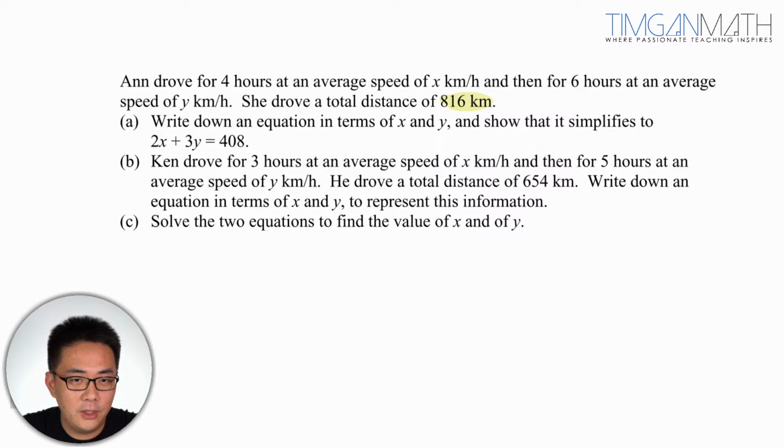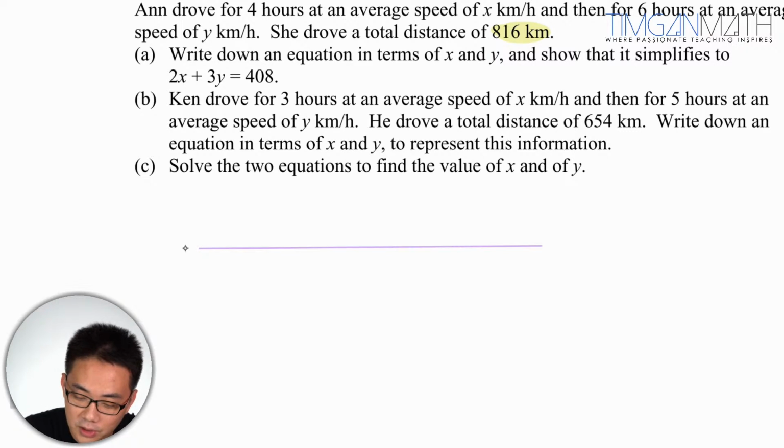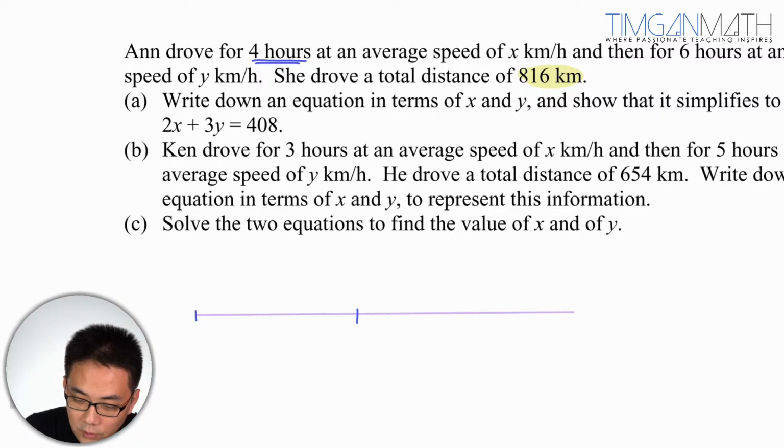Let's try to understand. N drove 4 hours at average speed x and 6 hours at average speed y. What we realize is you have 2 portions of the journey. The first portion is where she drove for 4 hours.